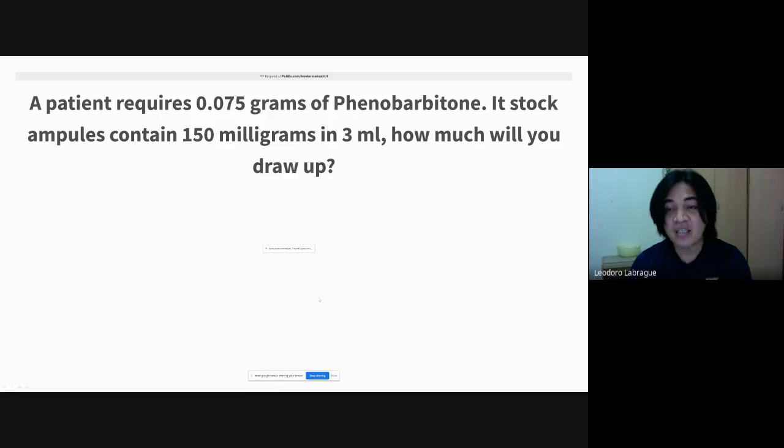How much will you draw up, or how many ml are you going to give to your patient? Again, you need to convert because grams and milligrams, you cannot divide that because the units are different. You need to convert either the grams or the milligrams before you can divide it. Go.